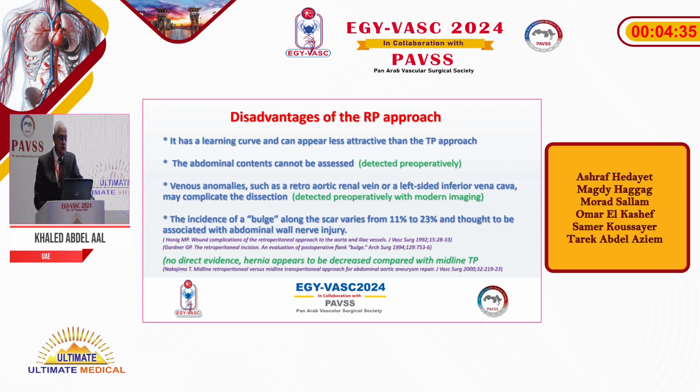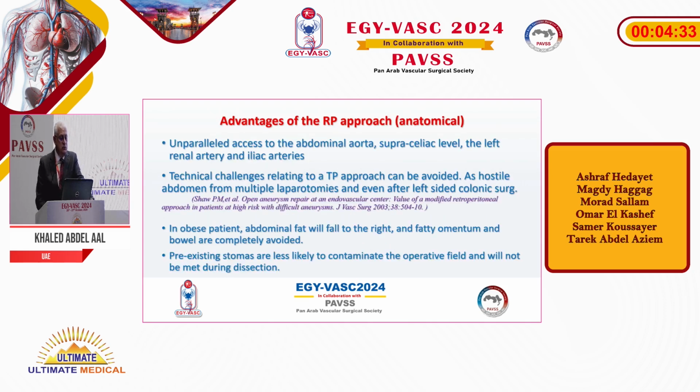When we come to the advantages of the retroperitoneal approach, we found that it provides unparalleled access to the abdominal aorta and supraceliac level, the left renal artery, and even both iliac arteries. The technical challenges that we may face in the transperitoneal approach can be avoided, as in the case of a hostile abdomen from multiple laparotomies, several adhesions, or even after left side colonic surgery.